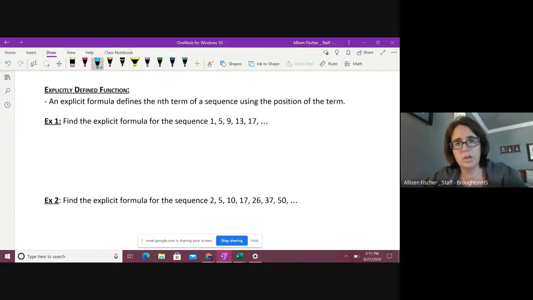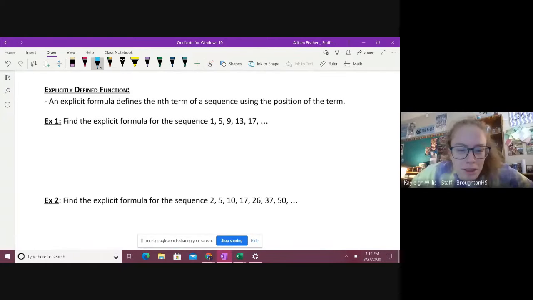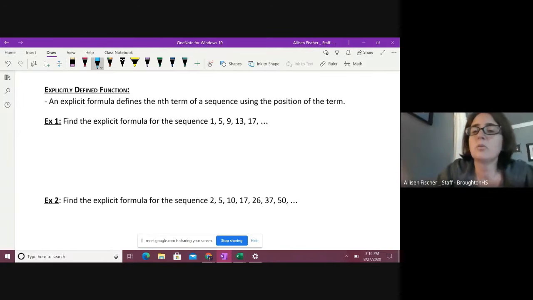So my first question to you would be, what would be the next number in this sequence? If we go 1, 5, 9, 13, 17, can you figure out what number would come next? I don't know. I think I am adding 4 maybe. Okay, so what number will come next?